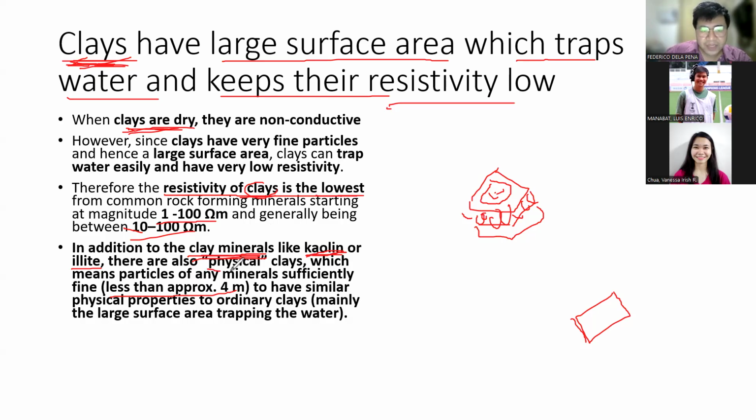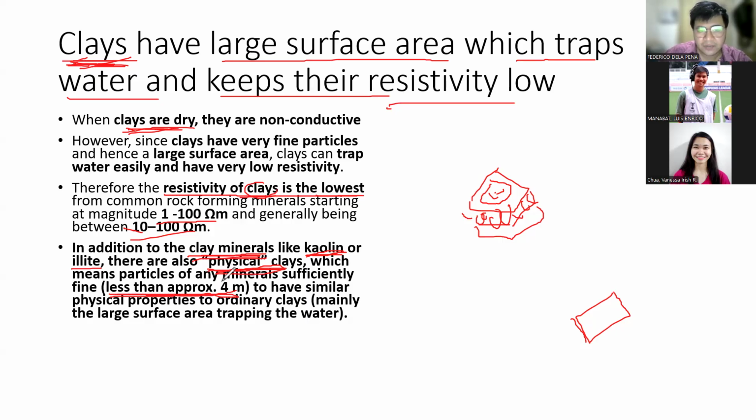There, you also have physical clays, right? Physical clays do not necessarily contain clay minerals. Physical clays could be simply silica or some lithic fragments, which are really just fine grained, less than 4 microns.